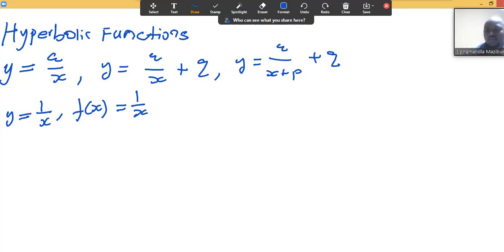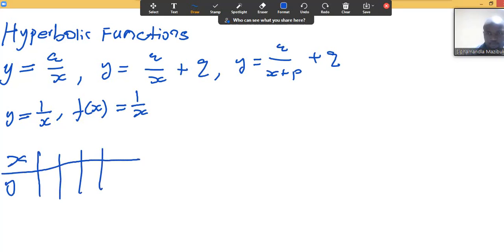So our table will have x and y. This is our table here. So suppose we have 0, minus 1, minus 2, minus 3, and we have 1, 2.